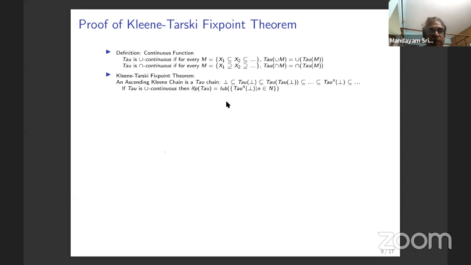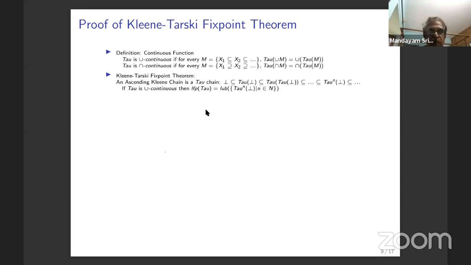So this proof proves the case for least fixed point computation as a limit of the ascending Kleene chain. And the proof for the greatest fixed point follows similarly. Actually, the book gives the proof for the greatest fixed point. You can go through that as well.